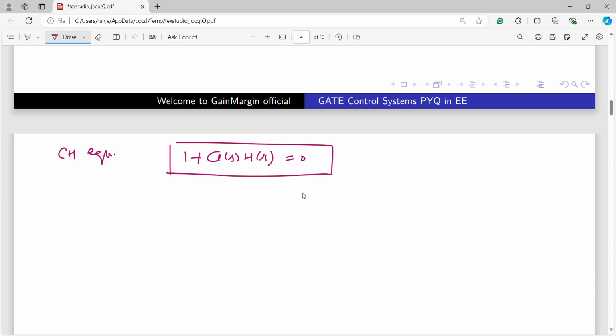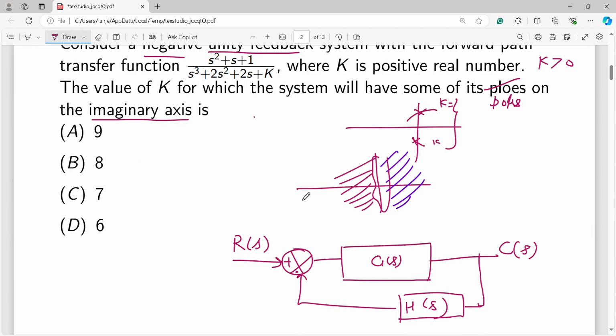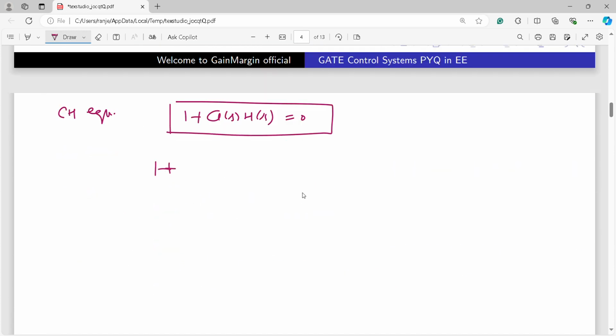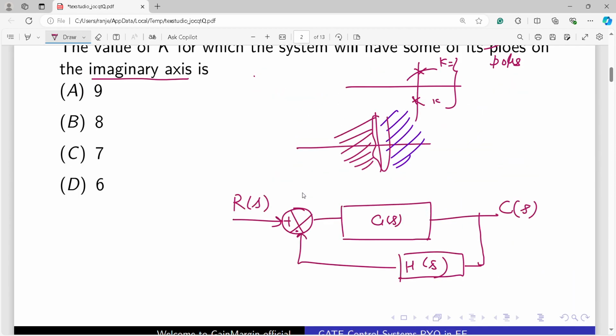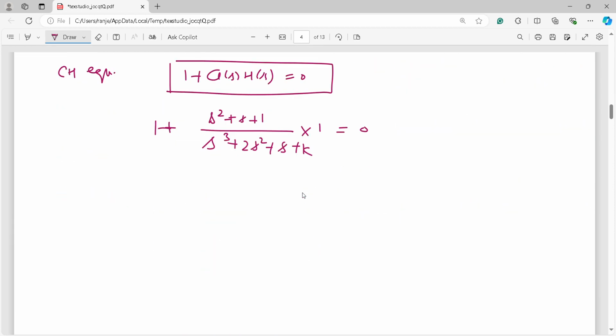So here, 1 plus G(s), as given in the question, is 1 plus (s square plus s plus 1) by (s cube plus 2s square plus 2s plus k), and H(s) is equal to 1. Just solve it and you get s cube plus 2s square plus 2s plus k plus s square plus s plus 1 equal to 0.